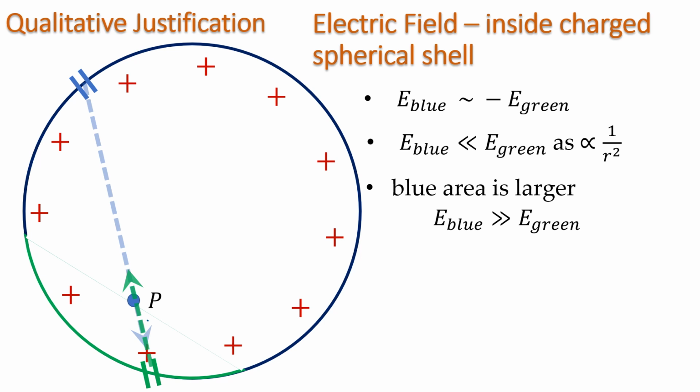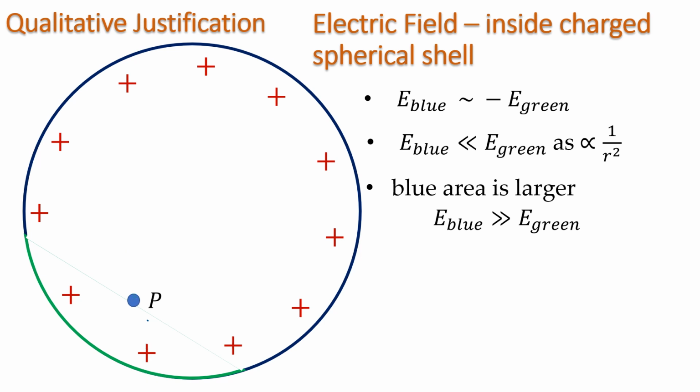So it is quite possible that the electric field from the blue region may be equal to the electric field from the green region, which is in the opposite direction, and the net may contribute to zero. This is good enough qualitative justification, but let me build a better case for the last point.